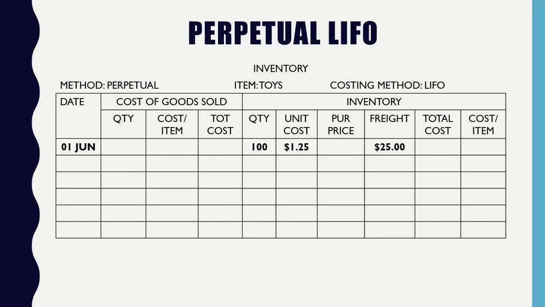If we purchase 100 items at $1.25, what is my total purchase price? $125 plus my $25 freight, $150, bringing our cost per item to $1.50.